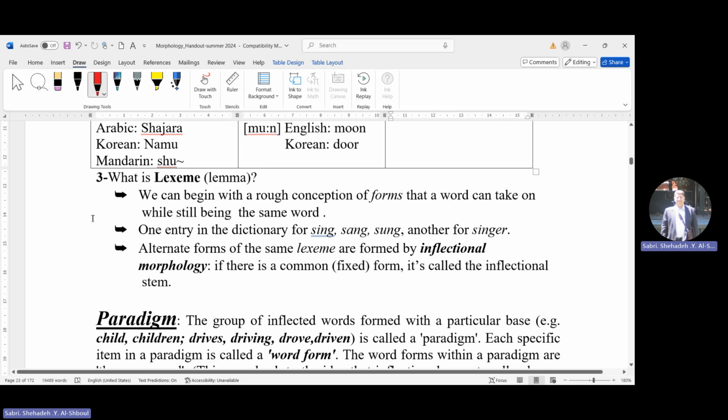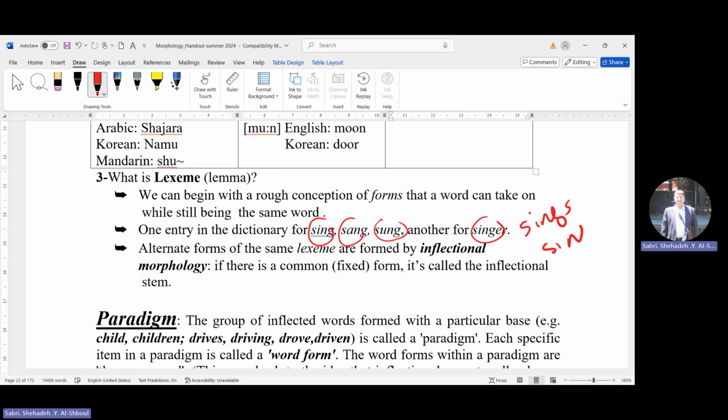Now we move to the notion of lexeme. What is a lexeme? In a lexeme, dear students, we have the notion of forms of a word that can take on while being the same word. So, for example, in the dictionary we have sing, we have sang, we have song, we have singer, we have sings, right? We have singing, and all of these, it's still a verb.